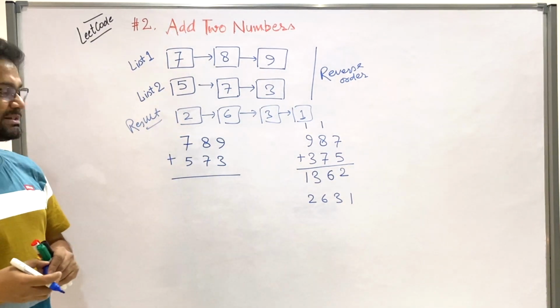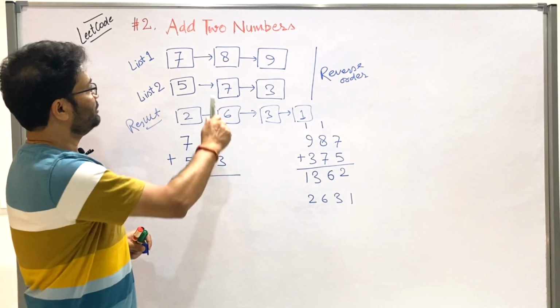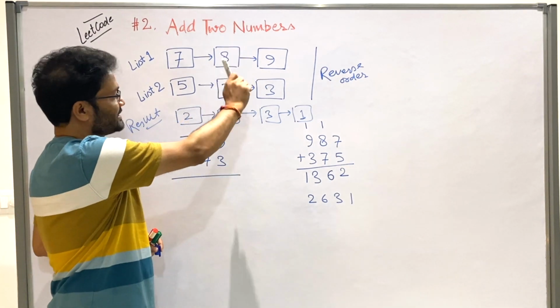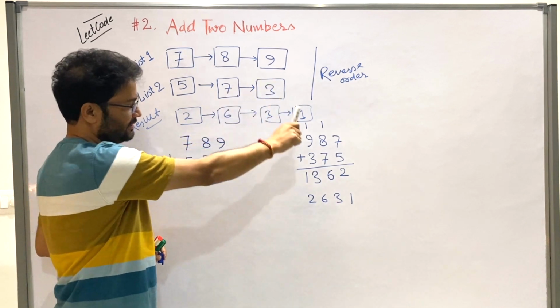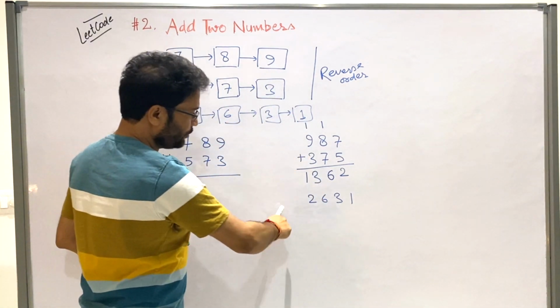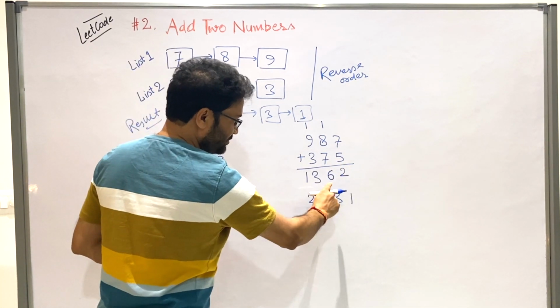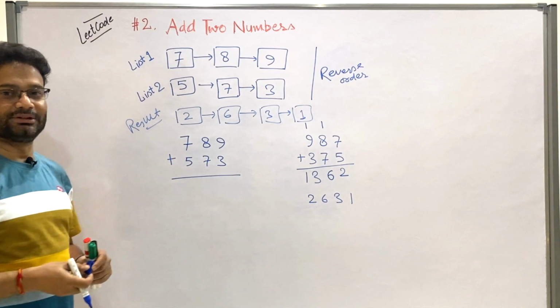So their expectation is like that. So what we can do is first reverse this linked list, second reverse the other linked list, add the numbers, then create a new linked list, reverse this number, and put it into the new linked list, right?